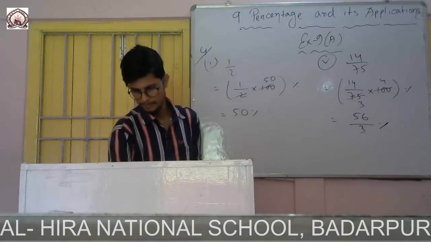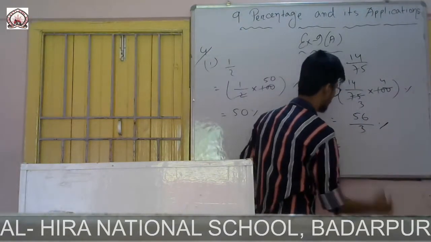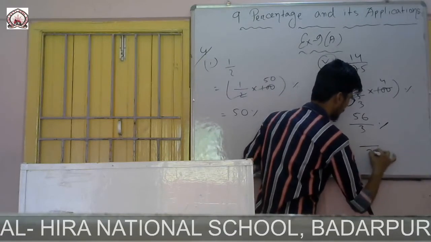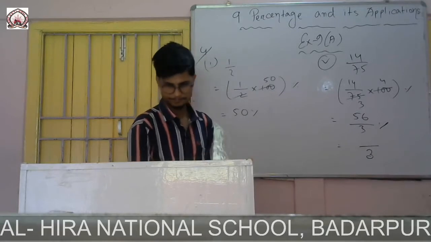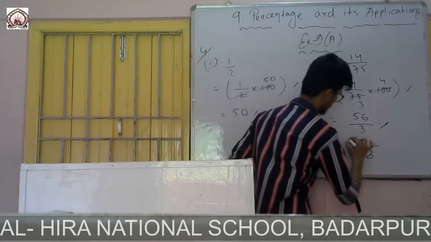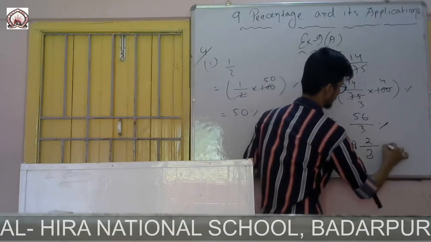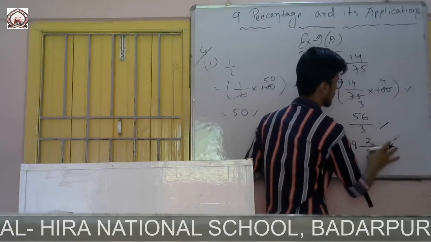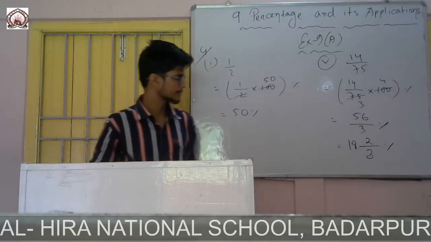So 56 by 3%, this is an improper fraction, so I will convert it into a proper fraction. 3 18s are 54 plus 2 is 56. So we can write it as 18 2 by 3.